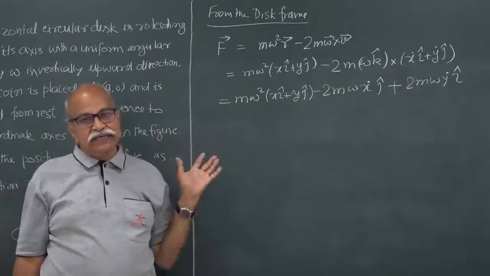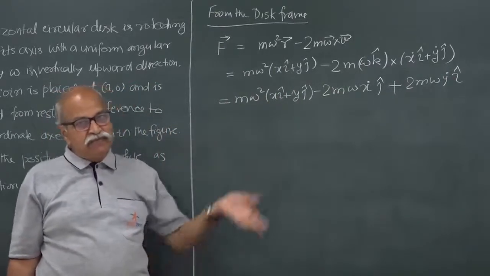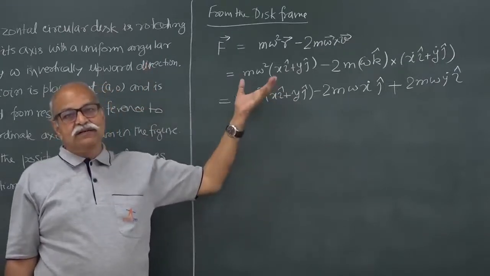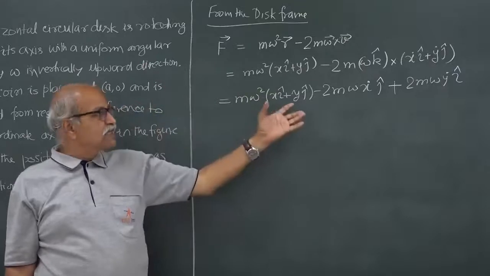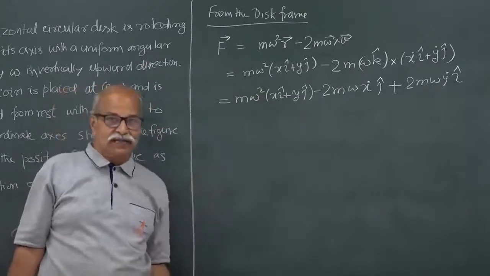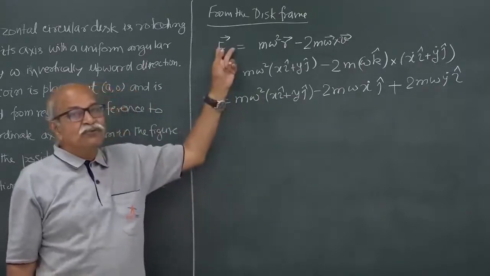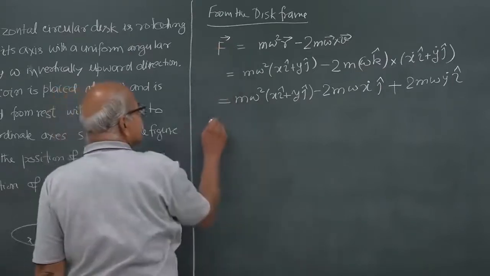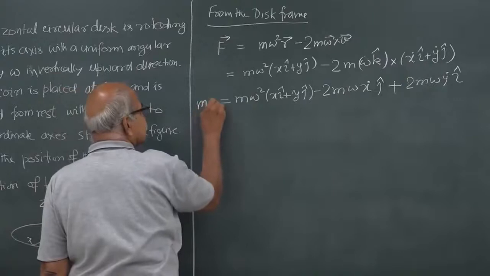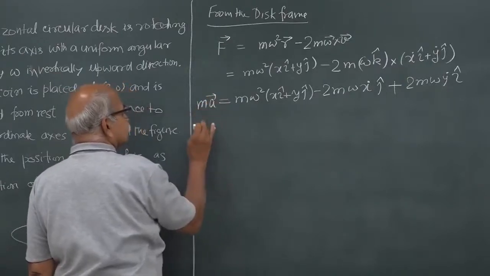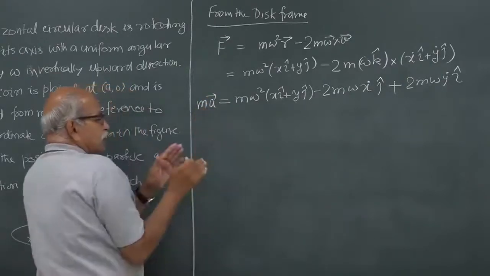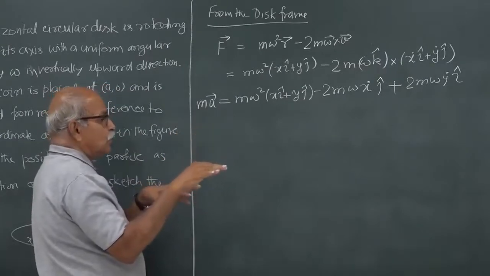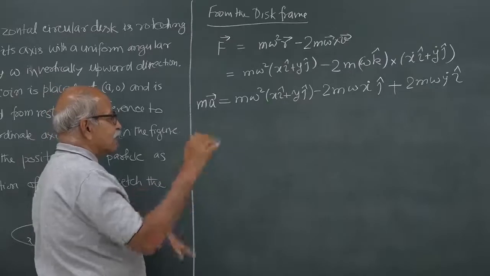Remember, we are using the rotating frame. This force does not exist in reality, but if I use these forces, I can use Newton's second law. I can write this force is equal to mass times acceleration, which is m x double dot i cap plus m y double dot j cap.